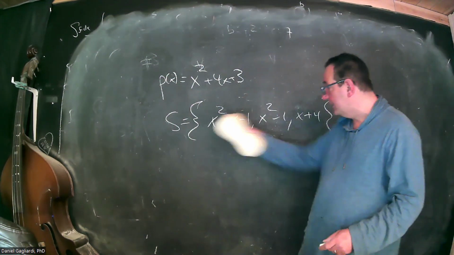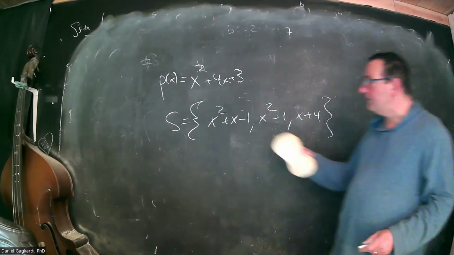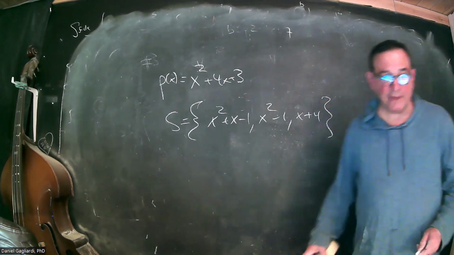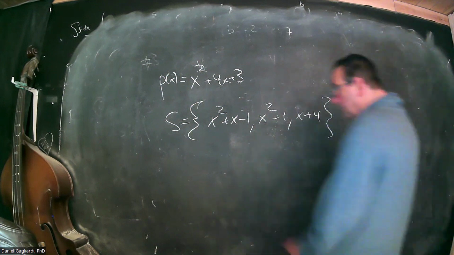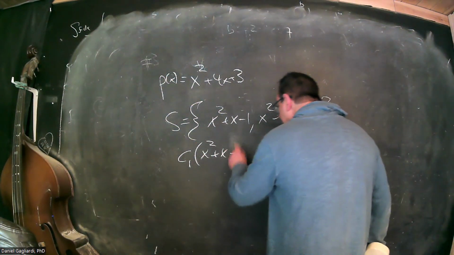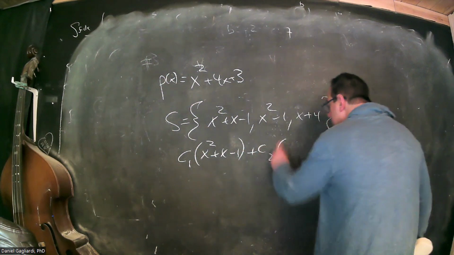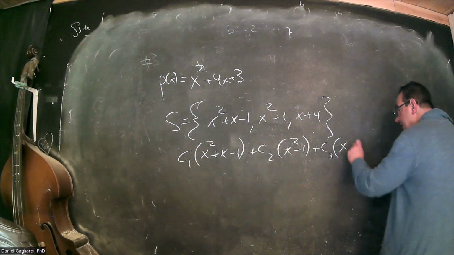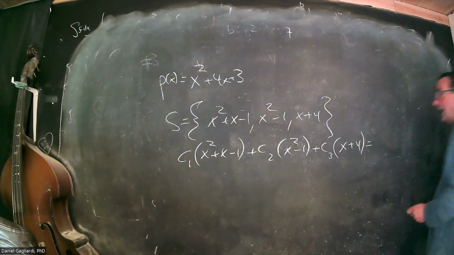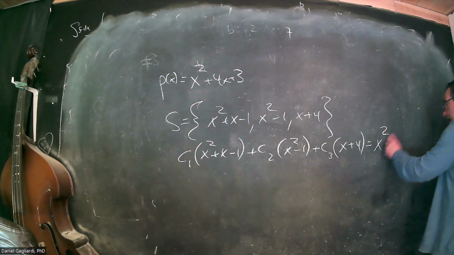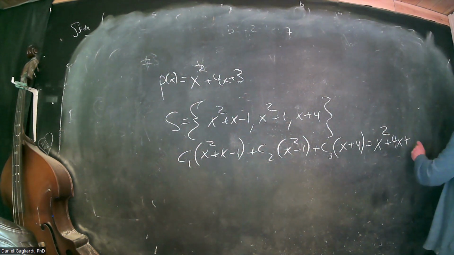Now, I'm not asking if this is a basis. I just want to find out if this target is in the linear span of these three vectors. So let's see. If I write C1 times x squared plus x minus 1 plus C2 times x squared minus 1 plus C3 times x plus 4, can we get to x squared plus 4x plus 3?